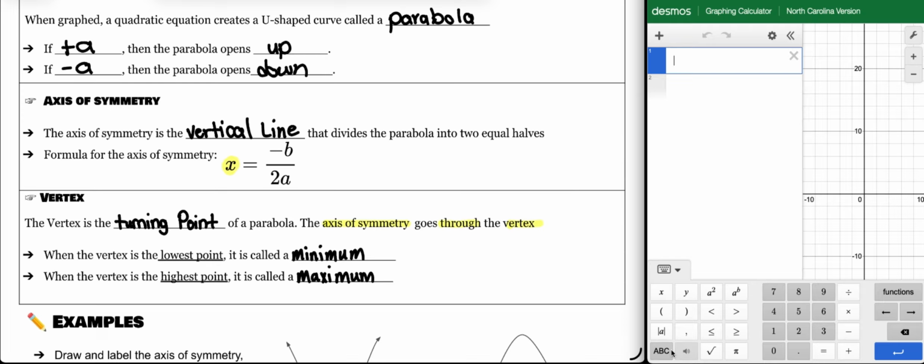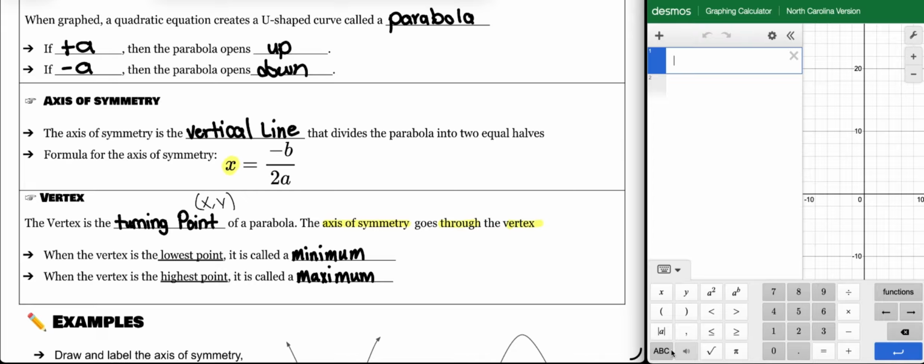So the turning point will give us an x value and a y value. Now, the x value comes from the axis of symmetry. And once we find that axis of symmetry, we can use that to solve for the y value, and that's how we get our vertex.